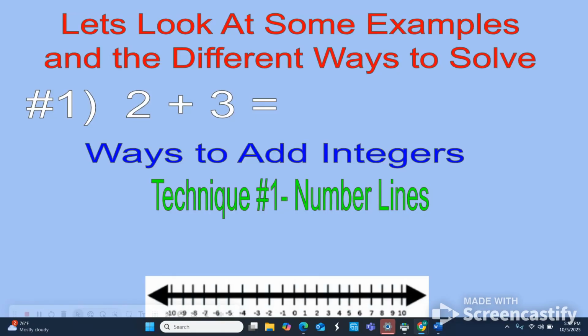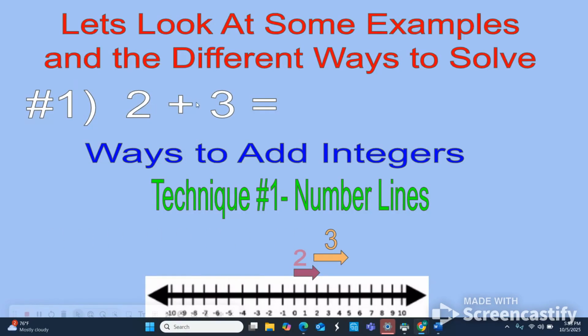And if we're going to do 2 plus 3, we start at 0. If we have this positive 2 here at the beginning, we're going to start at 0. Positive means go right. The 2 means 2. So we're going to start from 0 and go right 2 places. Then when I add a positive 3, again positive means go to the right, but this time we're going to go to the right 3 spaces.